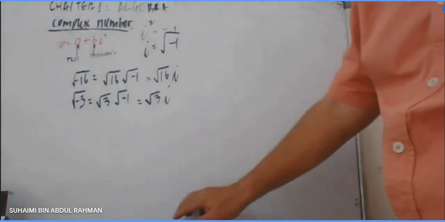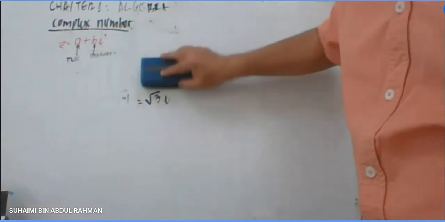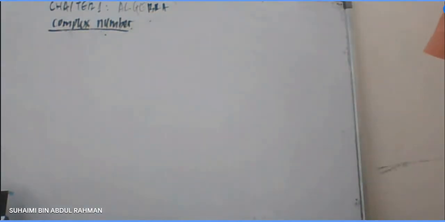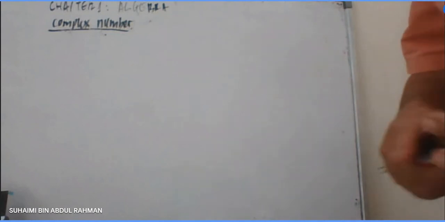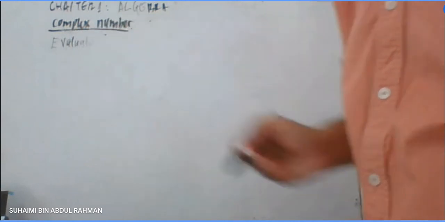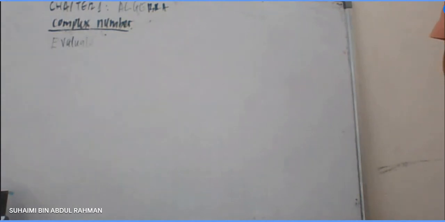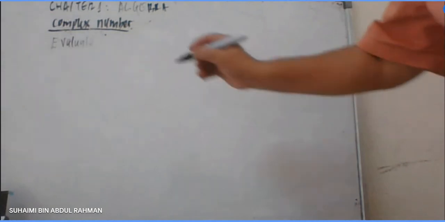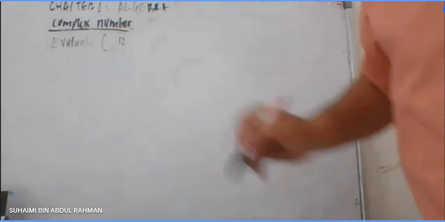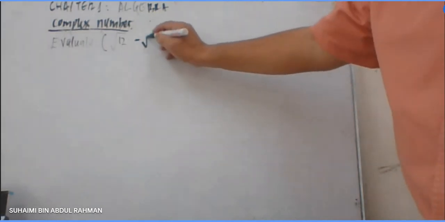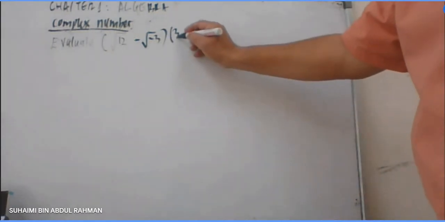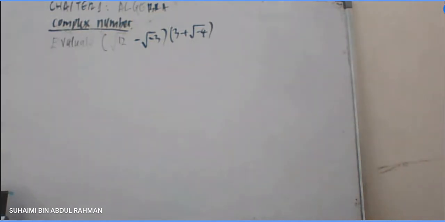Let's say we want to evaluate, or we can say find the value of, square root of 12 minus square root of -3 multiplied by 3 plus square root of -4.